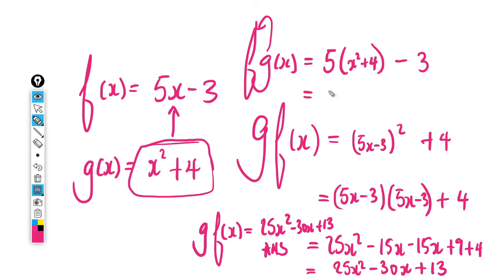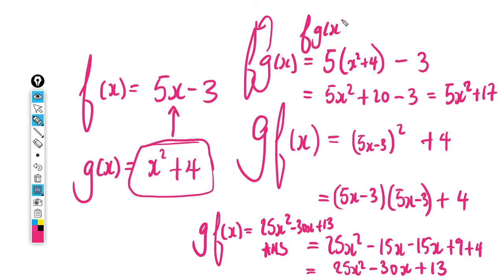And then we should end up with 5 times x squared will give us 5x squared. Then 5 times 4 would be plus 20 minus 3. And that would give us 5x squared plus 17. Cool. So the answer for f of g of x is equal to 5x squared plus 17.